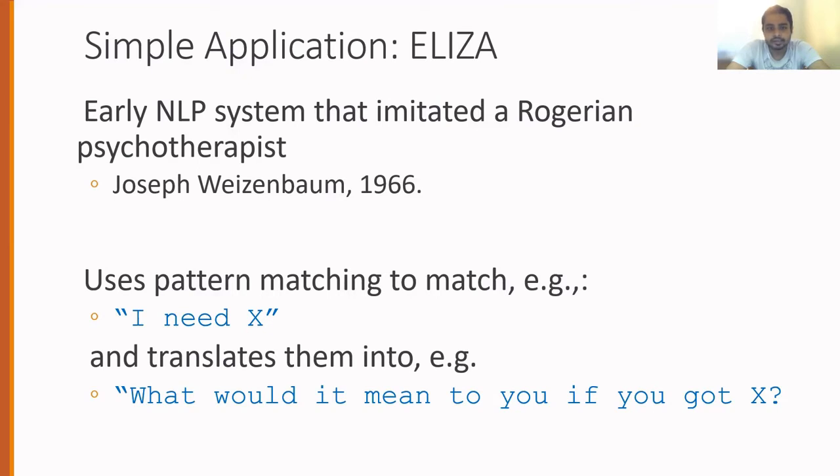Eliza is a surprisingly simple program that uses pattern matching to recognize phrases like "I need X" and translate them into suitable outputs like "What would it mean to you if you got X?"